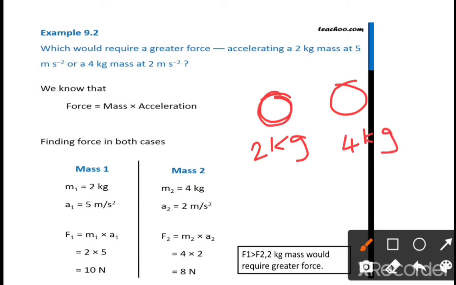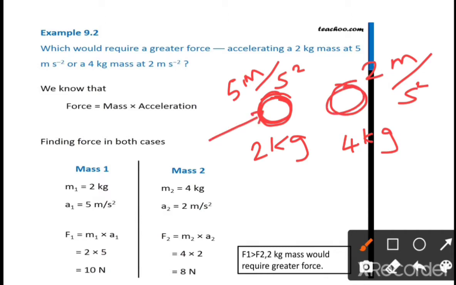The 2 kilogram mass is accelerated at 5 meter per second square. The 4 kilogram mass is accelerated at 2 meter per second square. So, which would require the greater force, the 2 kilogram mass or the 4 kilogram mass?